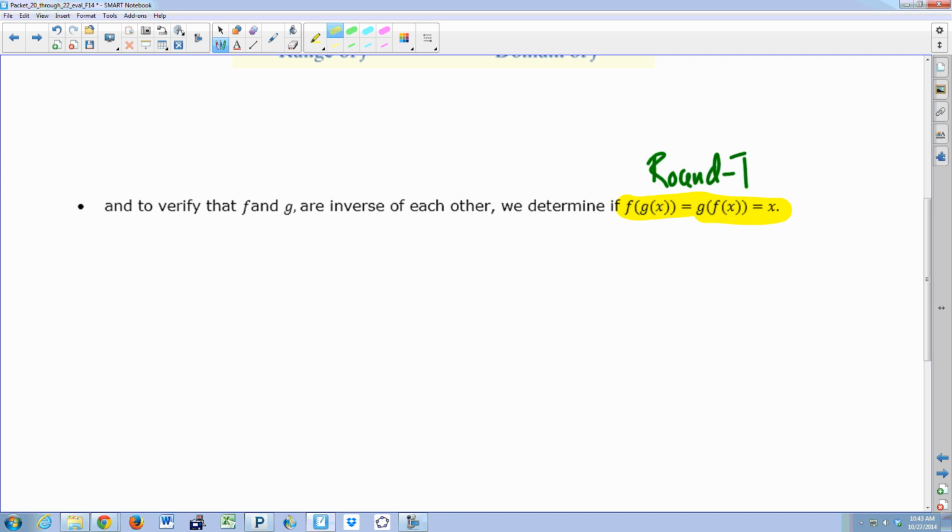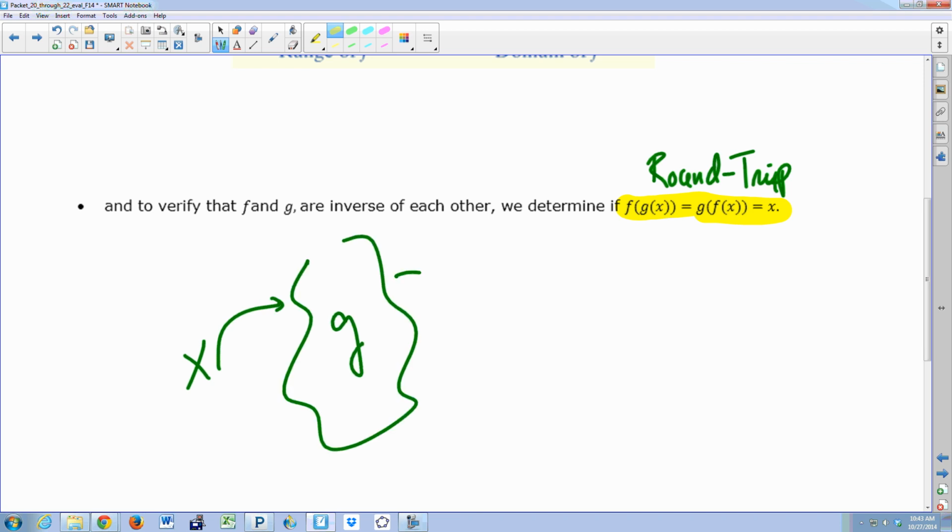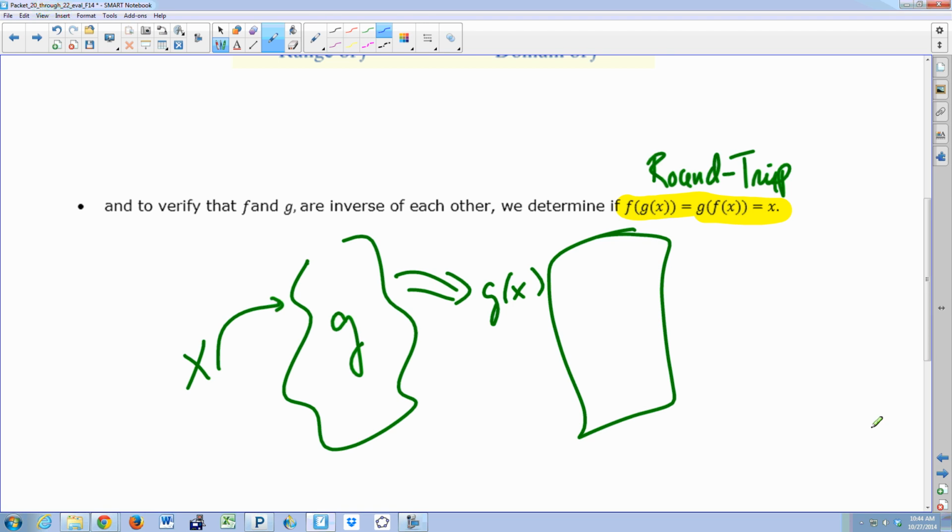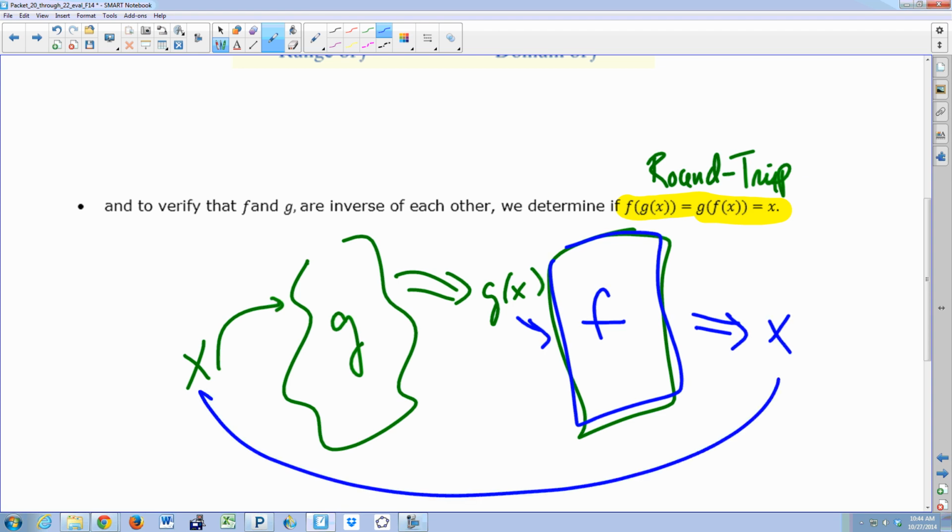If we start off with x and we put it into some function called g, it comes out as g of x. That output now becomes the input into our f machine. And when we put it into our f machine, we're right back where we started. We have the round trip idea going on.